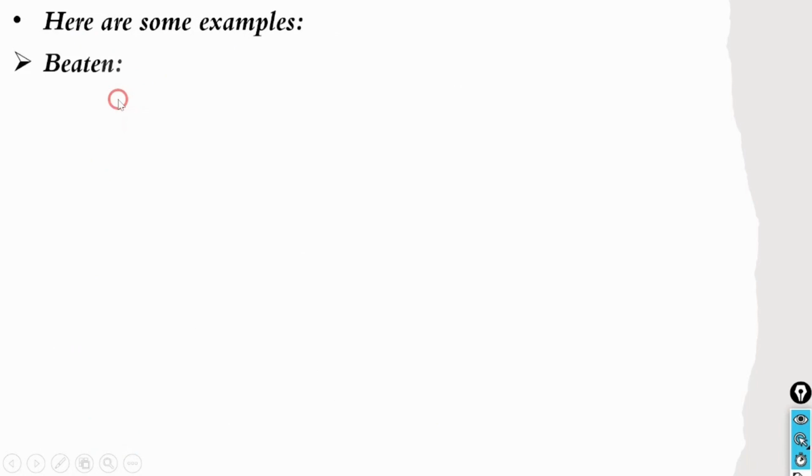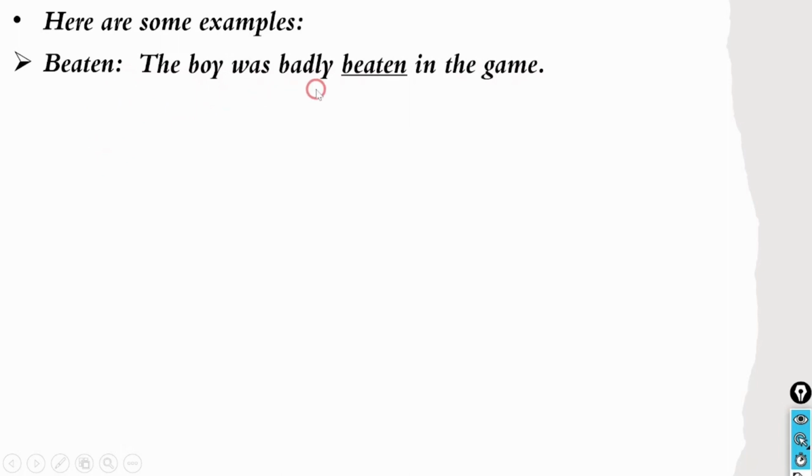Okay, so here are some examples. Like "beaten." We have the word "beat," but to the word "beat" we add en. The boy was badly beaten in the game. This verb, the en form, expresses an event that has happened in the past, and we are using it for what we call an irregular verb.